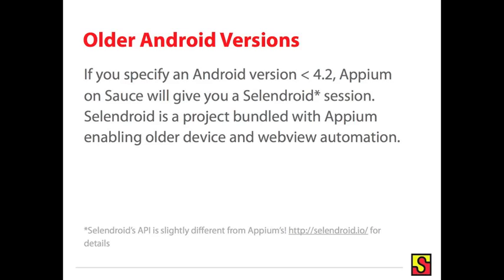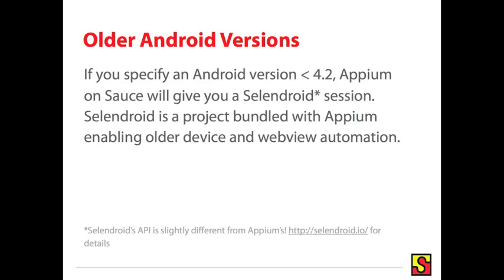Selendroid also has one other advantage, which is that it enables automation of Webviews, which are central to hybrid applications. Unfortunately, Google's newest technology doesn't enable us to automate Webviews inside of applications. So if you want either Webview support or to automate an Android application on an older device, you'll actually be getting Selendroid under the hood.